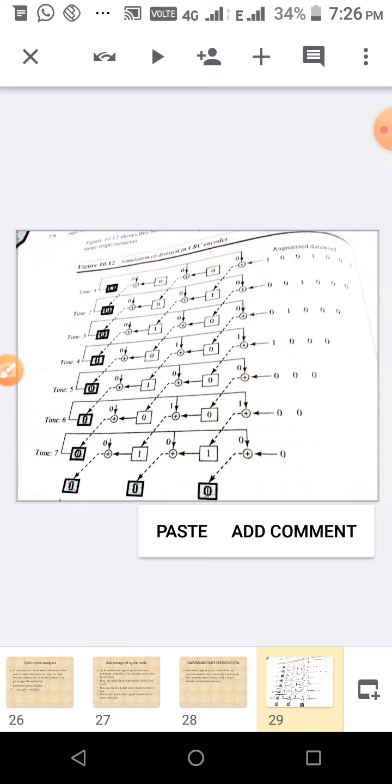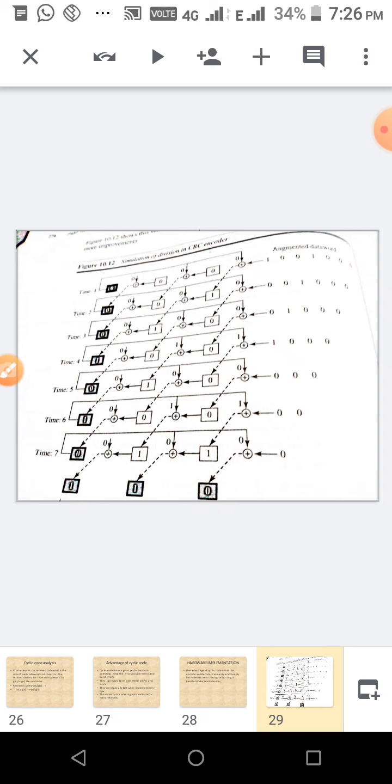In the first row three zeros are there, and all the terms are XORed with the leftmost bit 0 of the divisor. The leftmost bit of the divisor is 0, and it is XORed with the first bit of the dividend, which is 1. So 0 XOR 1, what is the result? 1. See the next row, first 1.